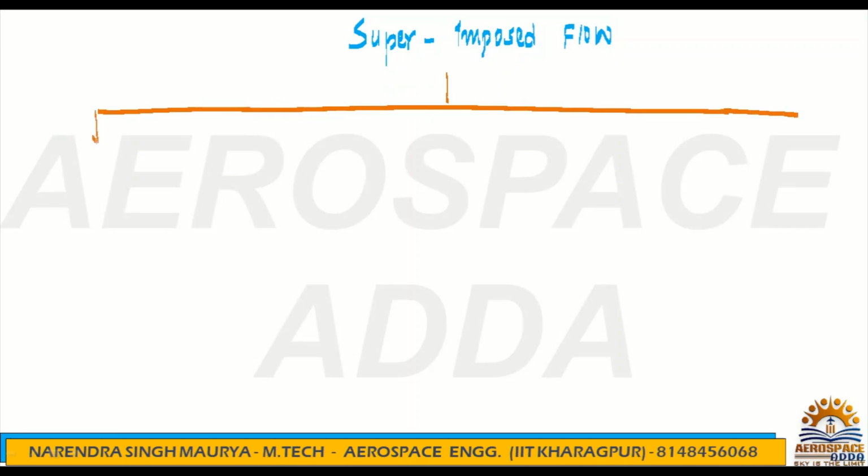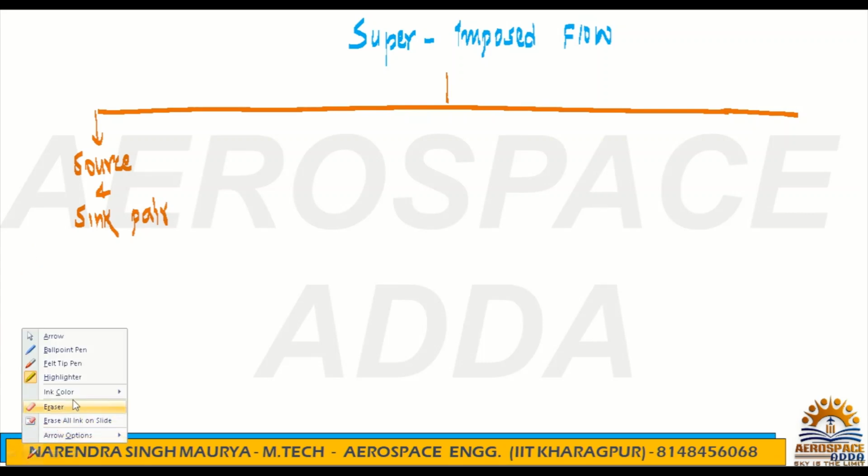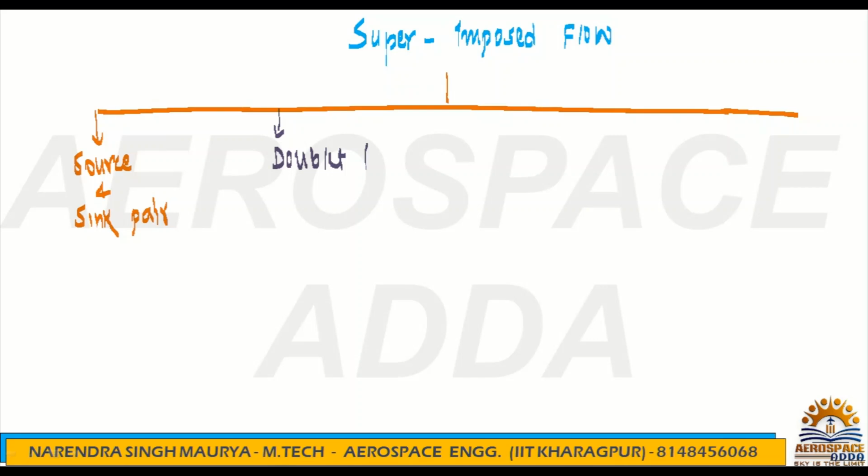A few important flows are like source and sink pair. This is one kind of the superimposed flow. Second, doublet flow.